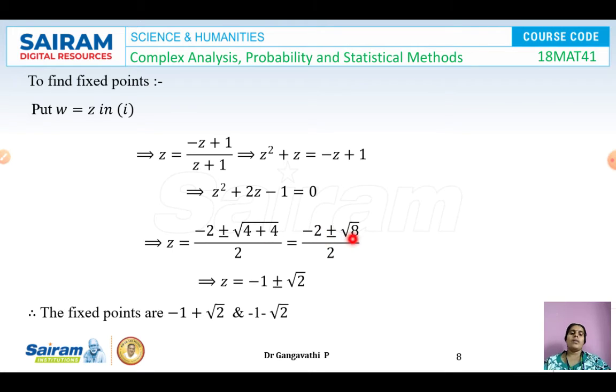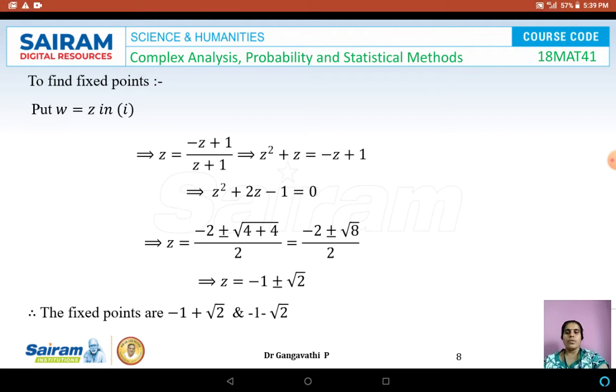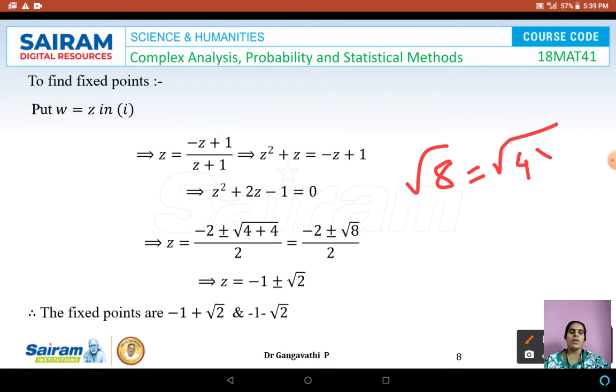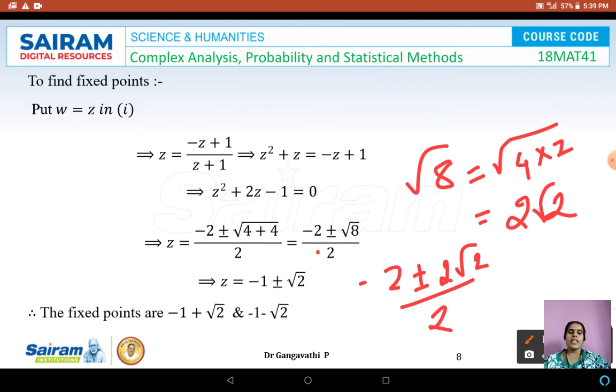Here root 8 can be written as root of 4 into 2. Square root of 4 is nothing but 2, so this is 2 root 2, and 2 can be taken out as a common term and cancelled with the denominator. So we get minus 2 plus or minus 2 root 2 by 2. So 2 can be taken out and cancelled with the denominator. This is the term we get.